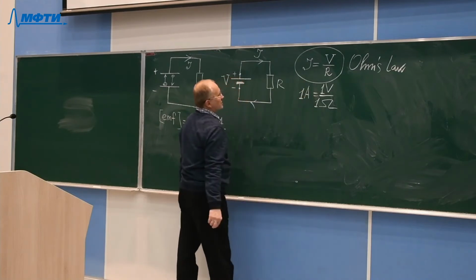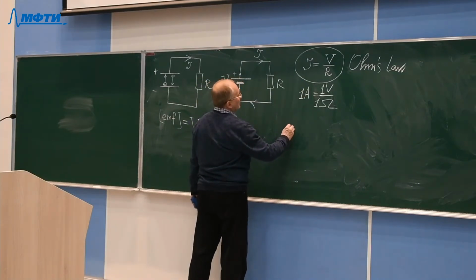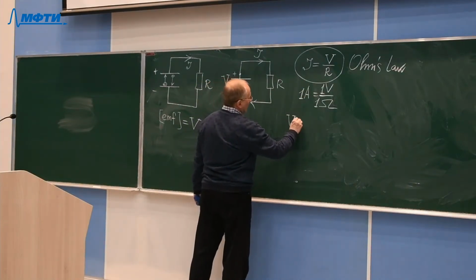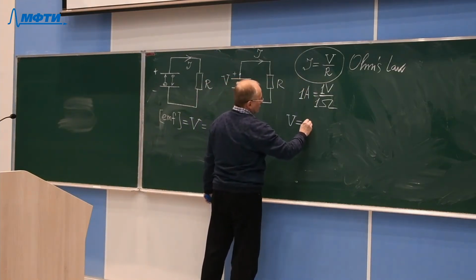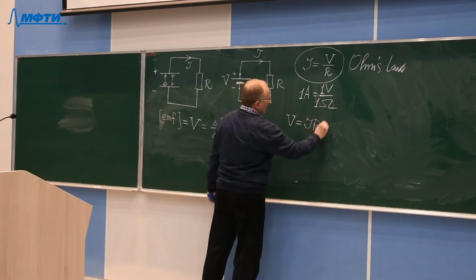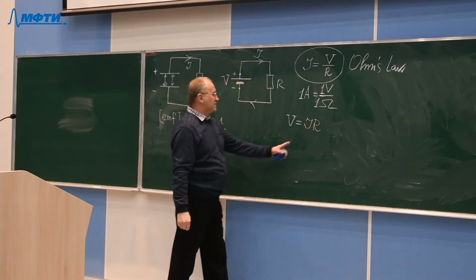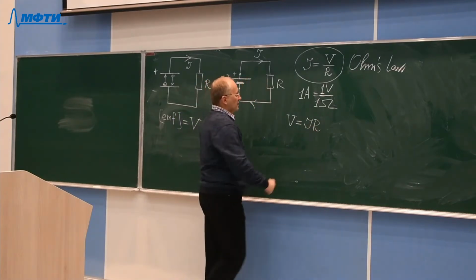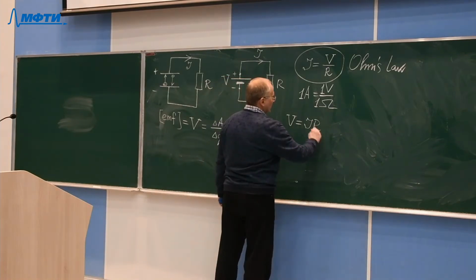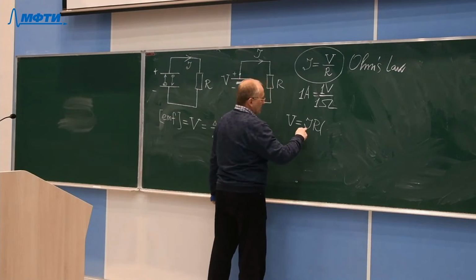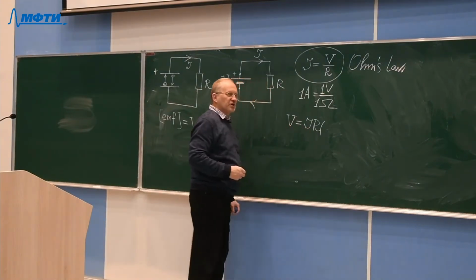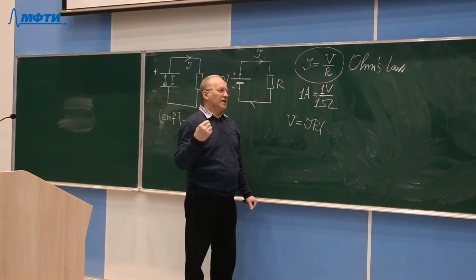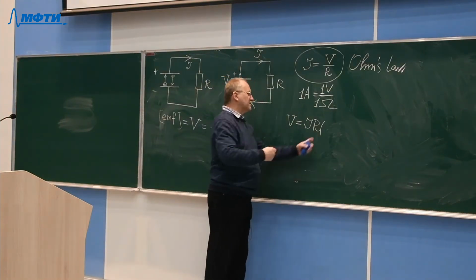The voltage on some element will always be equal to the current times the resistance, but in many cases, the resistance itself will be a function of electric current or voltage or temperature or intensity of light illuminating this resistor.